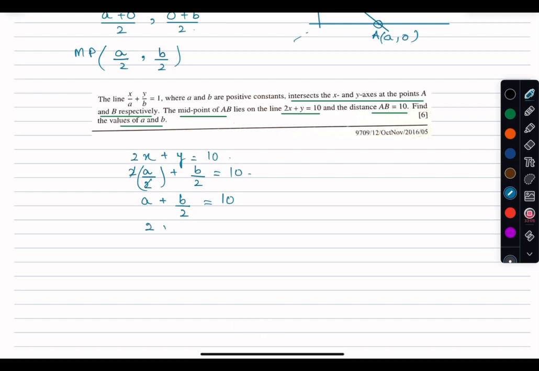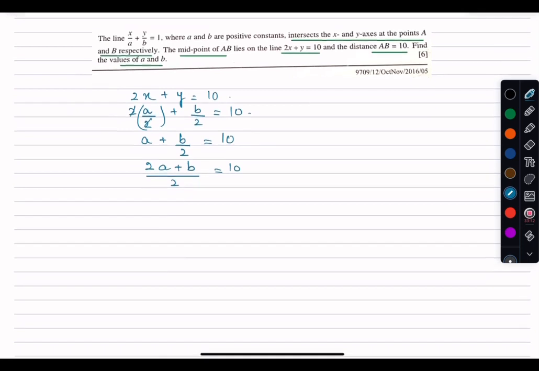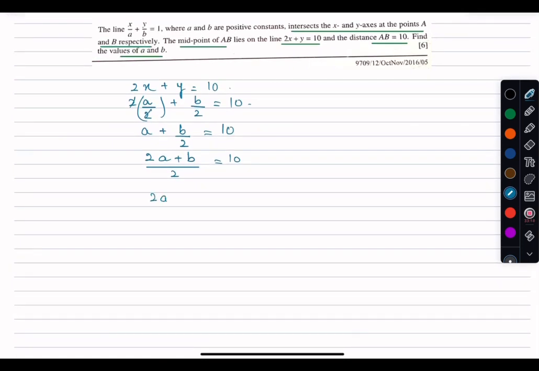Or I can say that it is 2a plus b divided by 2, which equals 10, or 2a plus b equals 20, or I can say b equals 20 minus 2a.